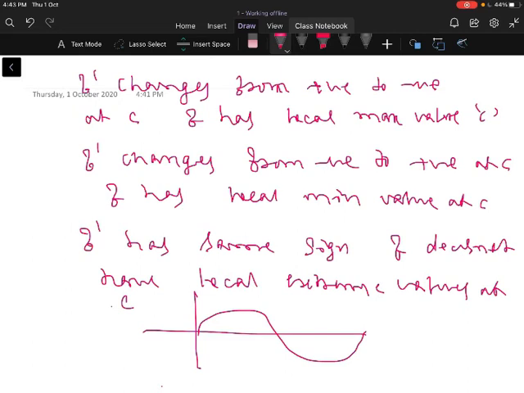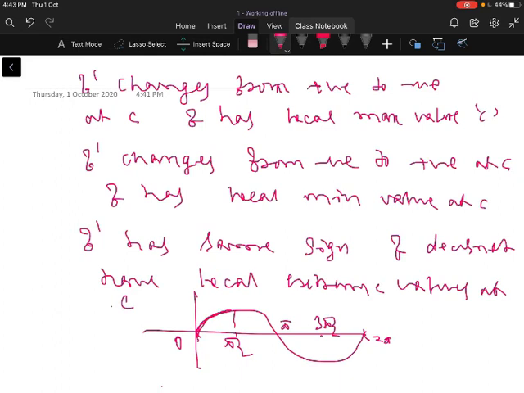So let us take an example here. You take the good example sin x. So this is 0, this is pi by 2, this is pi, this point 3 pi by 2 and 2 pi. You can observe that f dash changes from positive to negative at x equal to pi by 2.